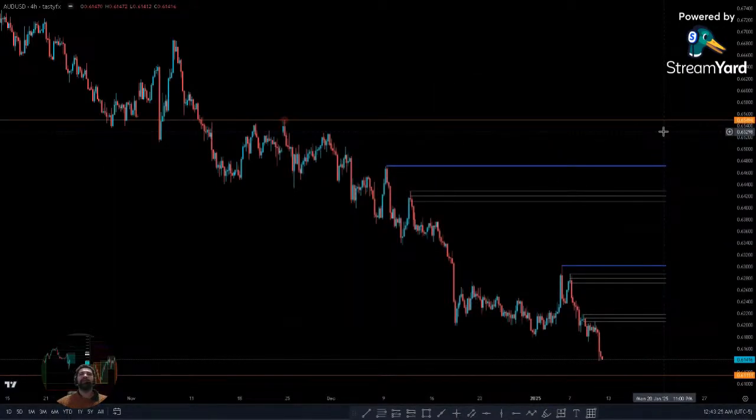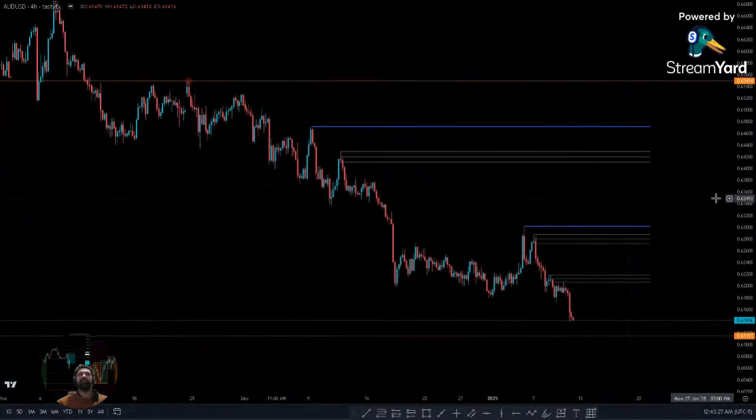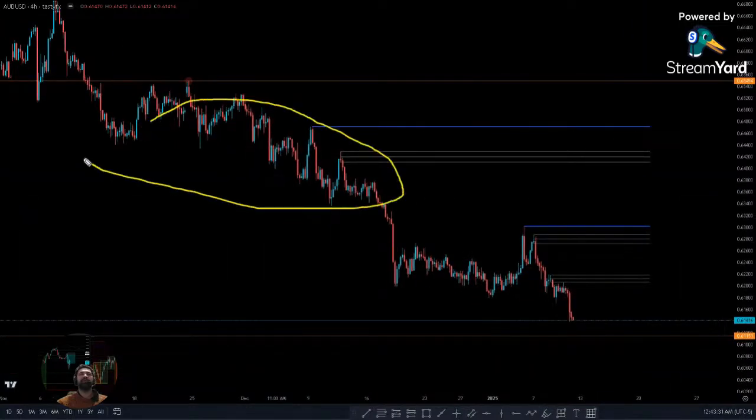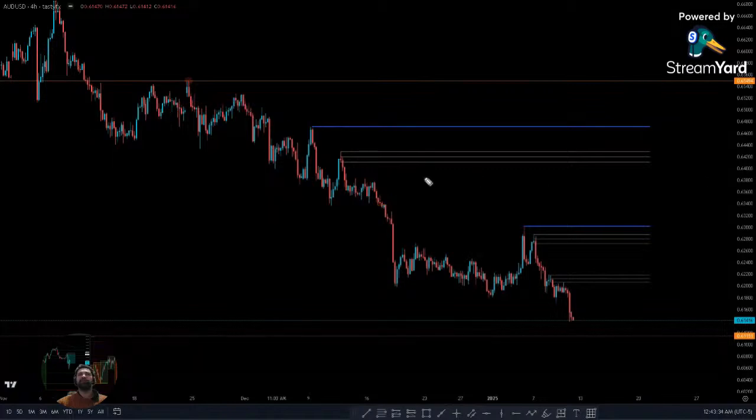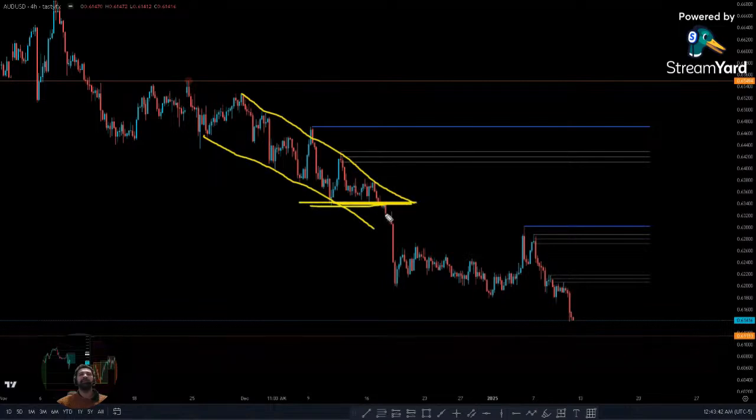Australian dollar has been a bad player. You can see how weak it is getting. So all this was a choppy range right here, a small channel as well. You can see the way price has been forming a channel right here, and after this channel we did get a reaction of the breakout, and after that, guys, things got really choppy around here.